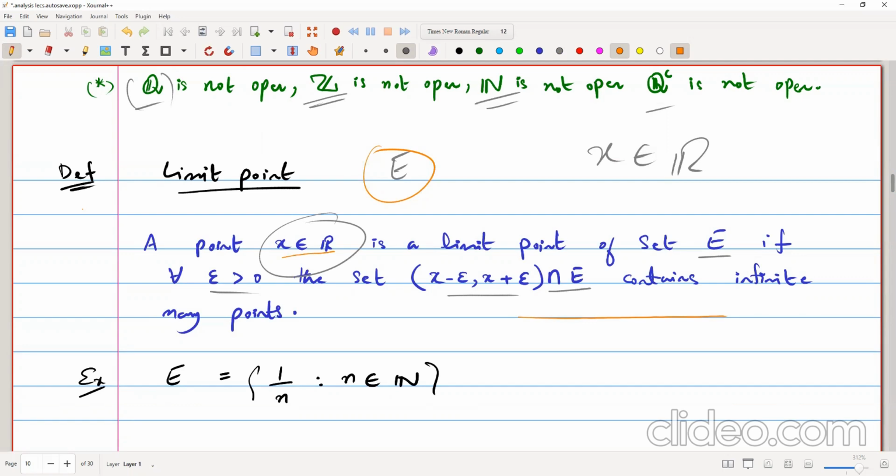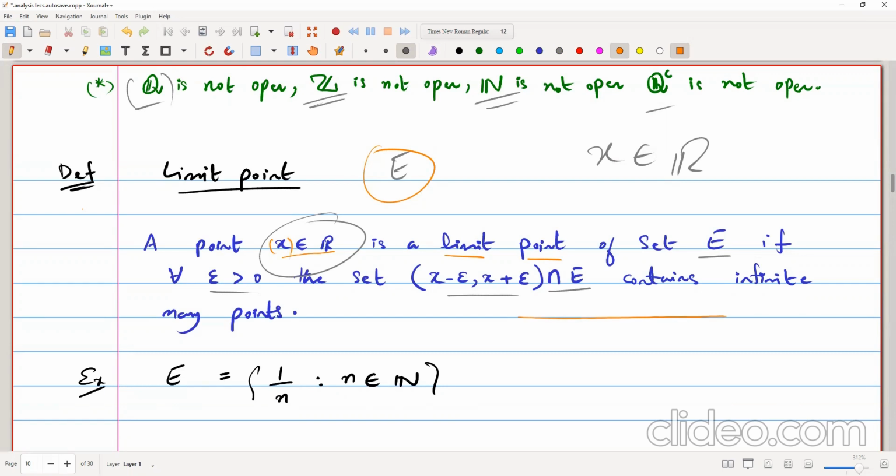I will give examples. A point x belonging to R is said to be a limit point of some set E if for each epsilon greater than 0, the intersection of (x minus epsilon, x plus epsilon) with the set contains infinitely many points.